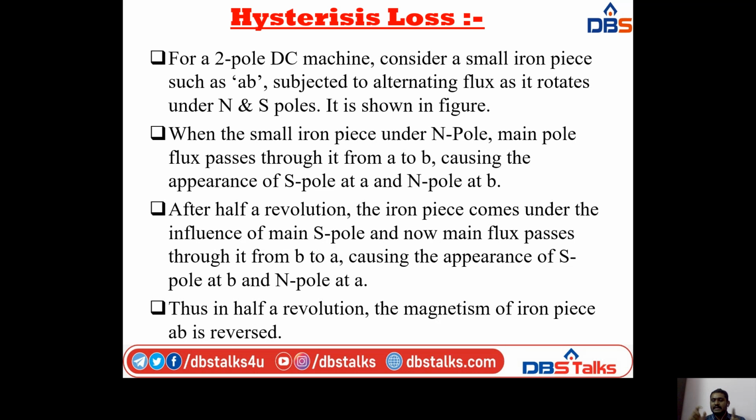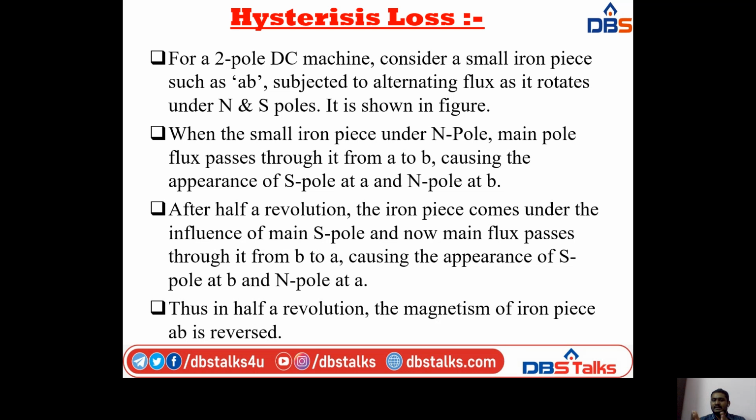So we have the A side and the B side. On the A side we have the appearance of south pole, and on the B side we have the appearance of north pole. After half a revolution, the iron piece comes under the influence of the main south pole, and now main flux passes through it from B to A, that is a reversal.